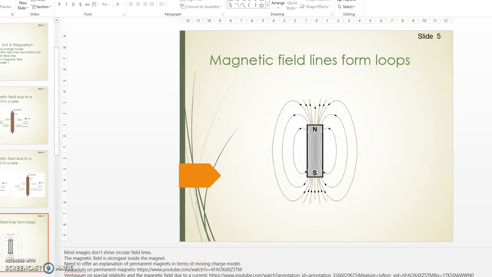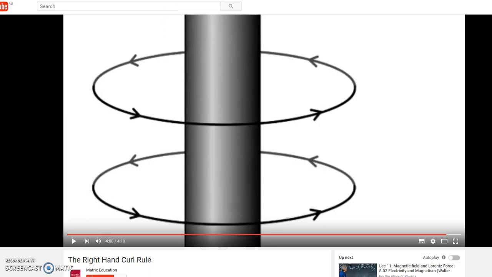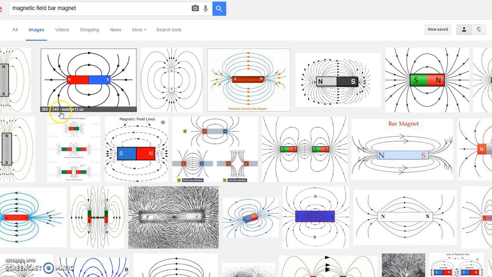Now, one of my real concerns is the huge number of images around. So this is searching magnetic field bar magnet in Google Images. So many of them do not draw the magnetic field going through the bar magnet itself. So the vast majority of them do not show that magnetic field lines form closed loops.